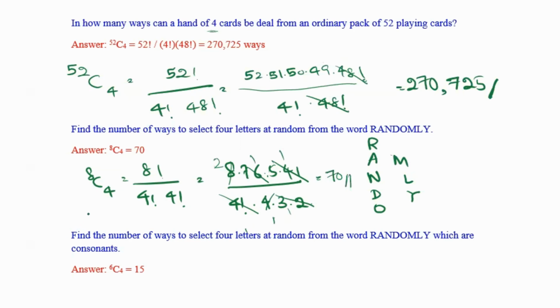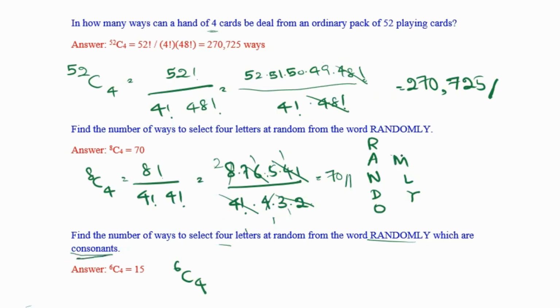And the last example that we have. Find the number of ways to select 4 letters at random from the word RANDOMLY which are consonants. So 6C4. Why is it 6 now? It should have been 8. Because we have a filter.